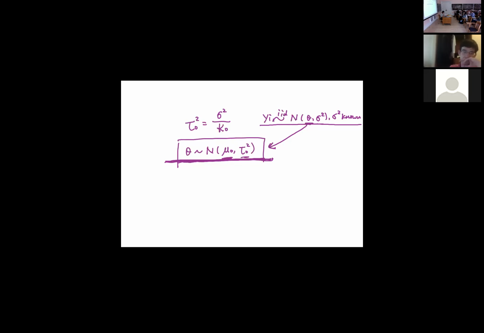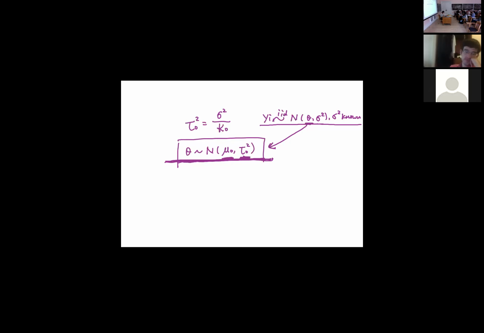Okay, so mu0 is your belief that the mean should be centered at, and tau 0 squared is the variance that you believe your mean should have in terms of the spread, okay? So for example, if I think my mean is very variable, then I will put a really large tau 0 squared, right? If I think it's not that variable, then I'm going to put a smaller one, okay?